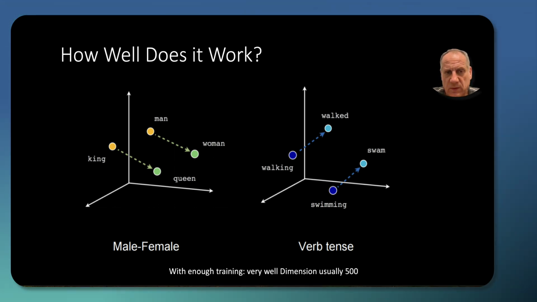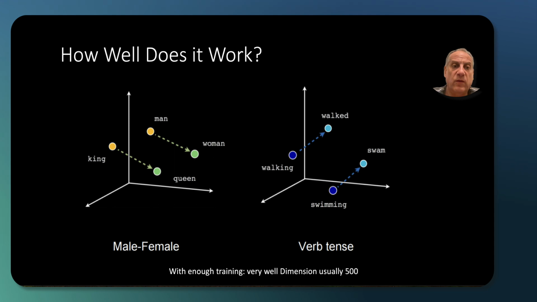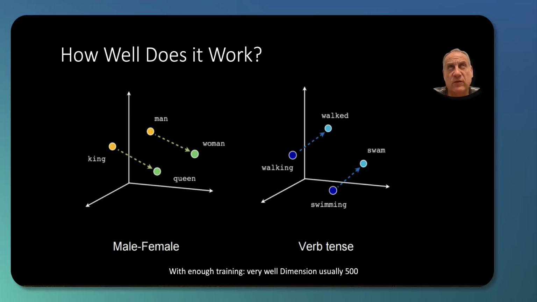So, for example, take the vector associated with king, the vector associated with man, and the vector associated with woman. You subtract man from woman, so that's a vector from man to woman, and you add that vector to king.